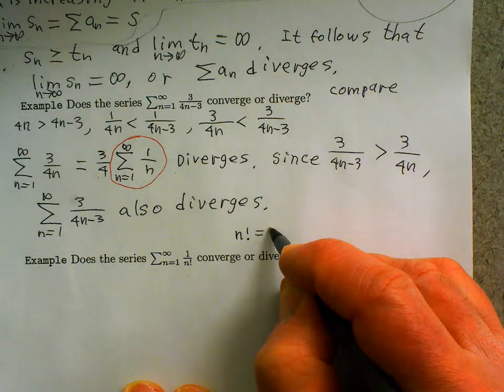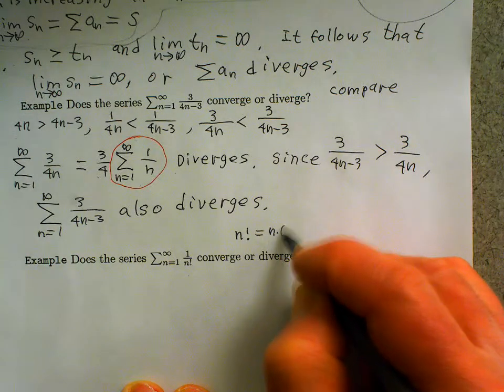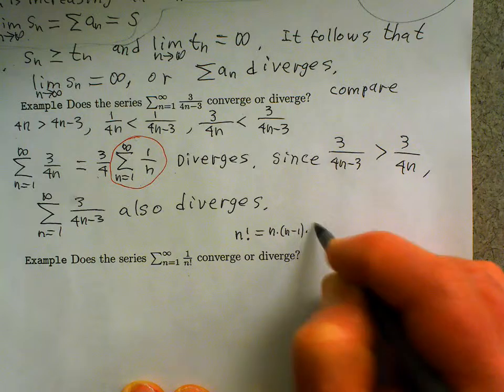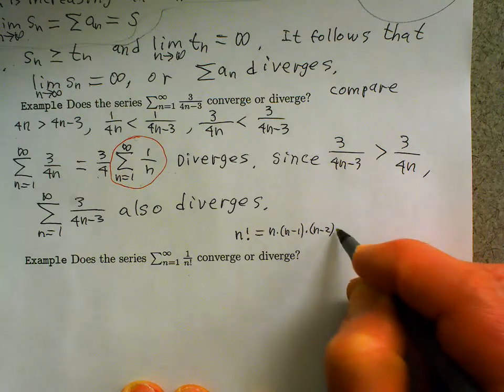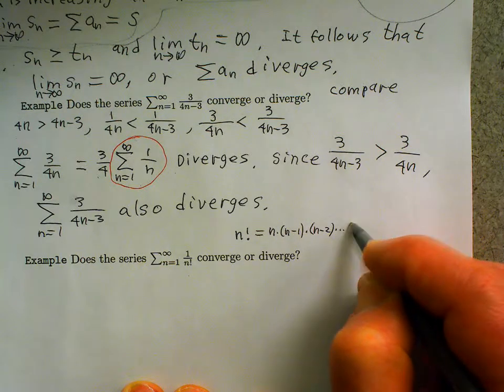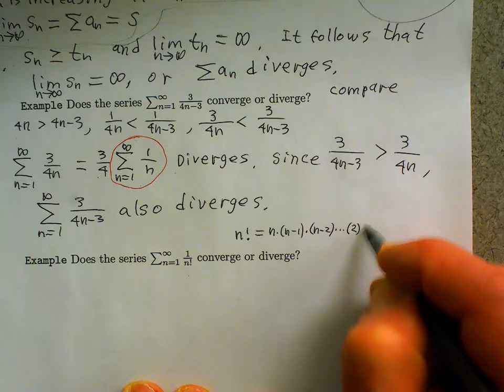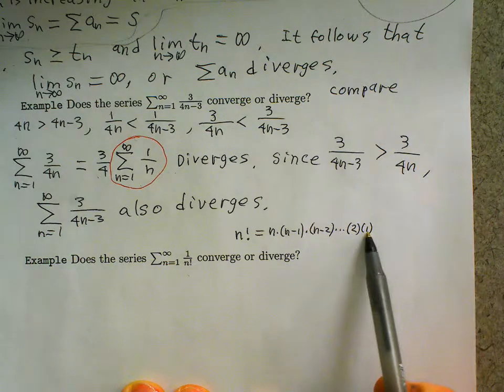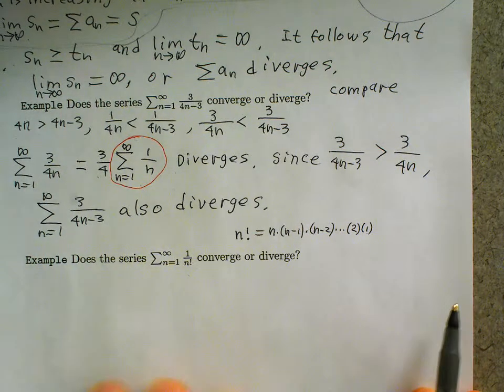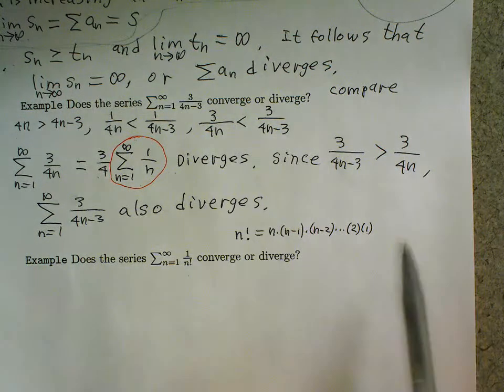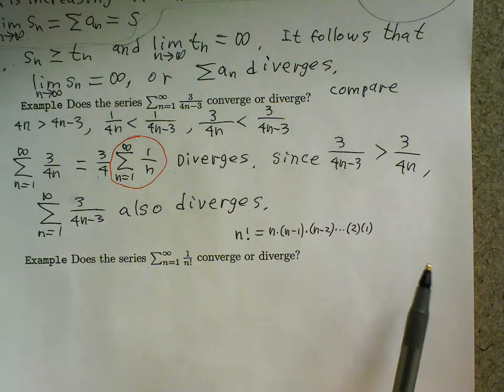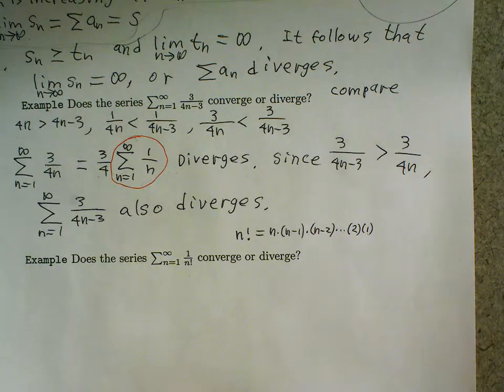So n factorial is n times n minus 1 times n minus 2, and so on. At the other end, we have 2 times 1. You don't really need the 1, but I think it's probably included in the definition. So do you think this should converge or diverge?